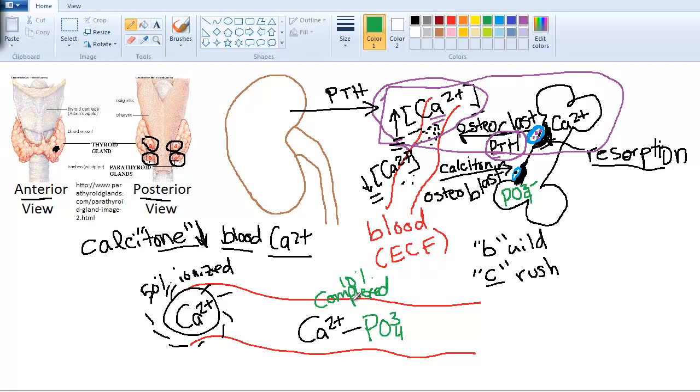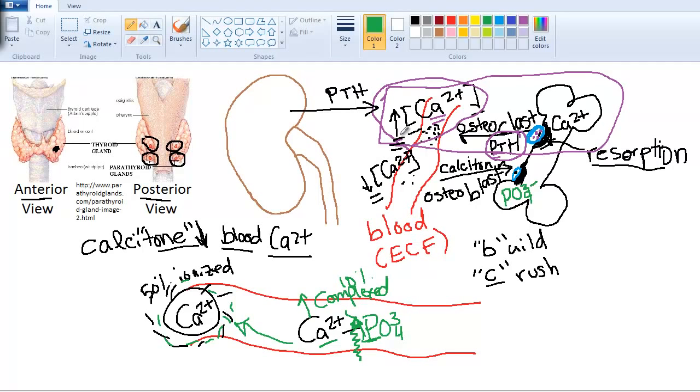Now, let's stick to parathyroid here. If calcium is in the blood and it's attached to phosphate, it's not going to have an effect on the body. What we need to do is break that bond so that it can be active and take its effect on the body. As the phosphate concentration increases, you're going to have more and more complex calcium and phosphate.